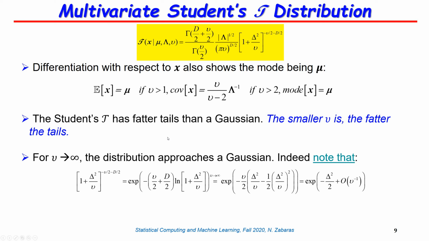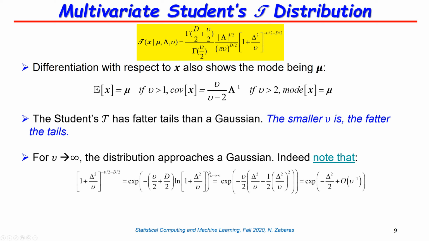Now, I remind you that in practice, when this distribution is used, people take the degrees of freedom to be about equal to 4, and in that case nu is still not large enough to approximate it with a Gaussian unless you have to, okay?